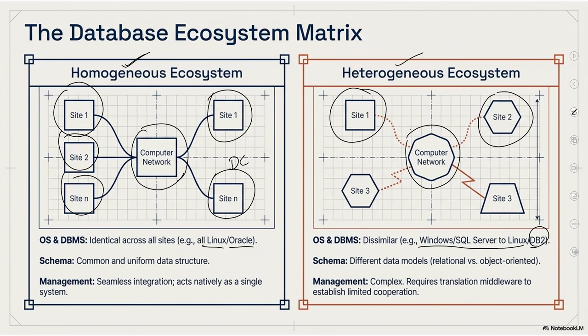In a homogeneous ecosystem, we use the same operating system and the same database in all data centers, all sites. In a heterogeneous ecosystem, we use a different operating system and different database in every data center.